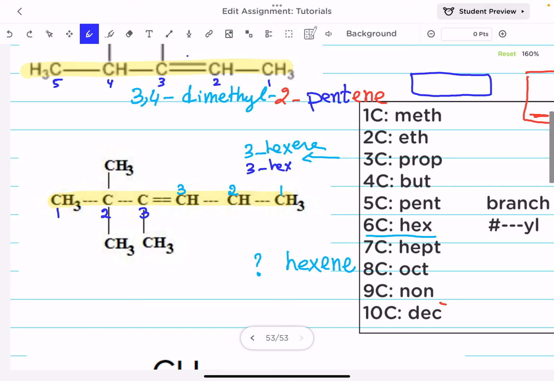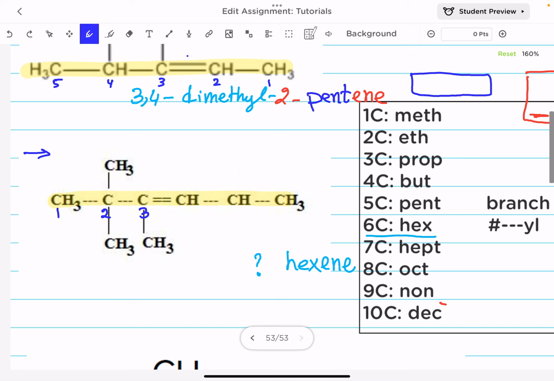So here we move to the next priority. And the next priority, other than giving the double bond the lowest possible number, is to look at your branches. Coming from this side will give the double bond the lowest possible number, but as well, it will give the branches the lowest possible number. So I am going to count from the left side.